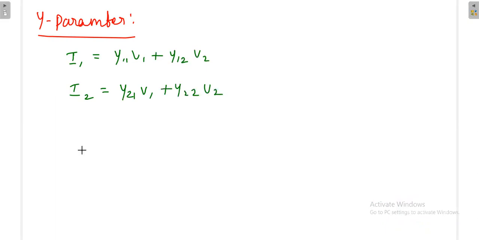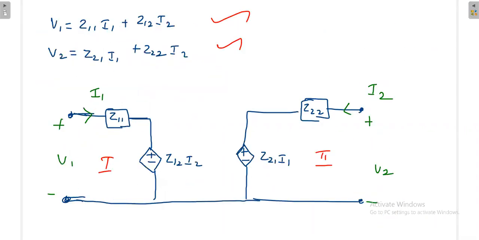Then how to calculate Y11? Y11 is equal to I1 divided by V1, when V2 is equal to 0. V2 equal to 0 means you are making the output a short circuit. You have to do the short circuit.